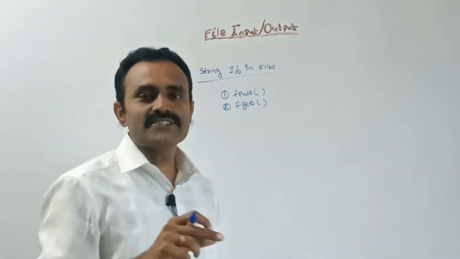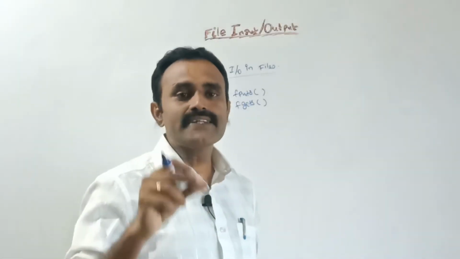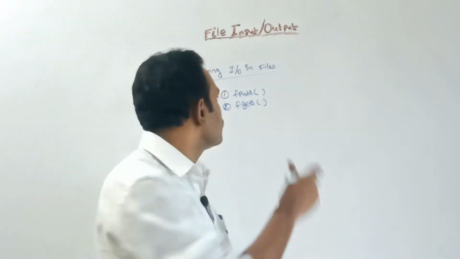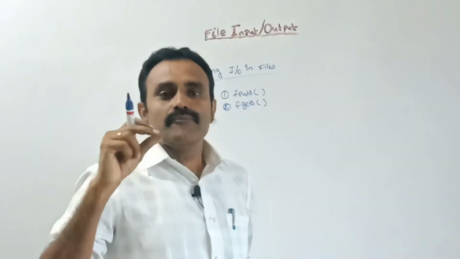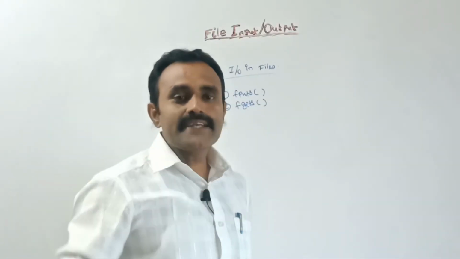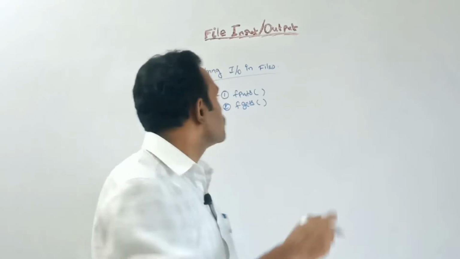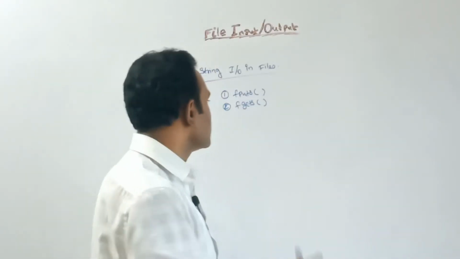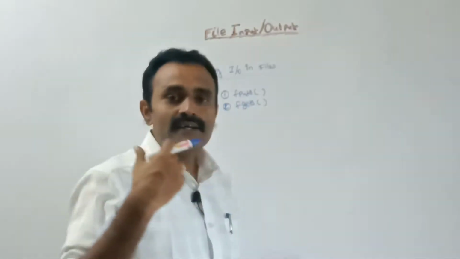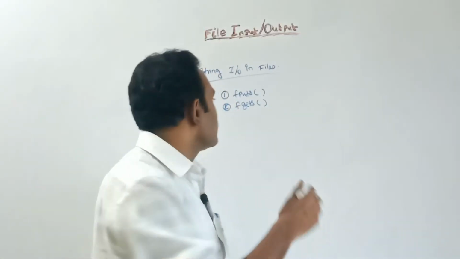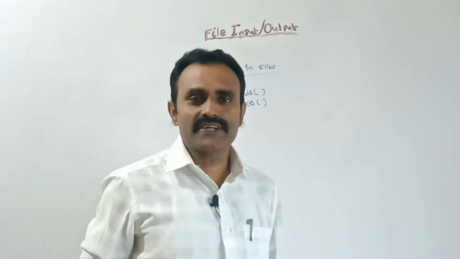Last class we had seen if you want to write a character, you use fputc. But here if you want to write a string, we use this fputs function. In the same way, for reading a file string-wise, we should use the fgets function.